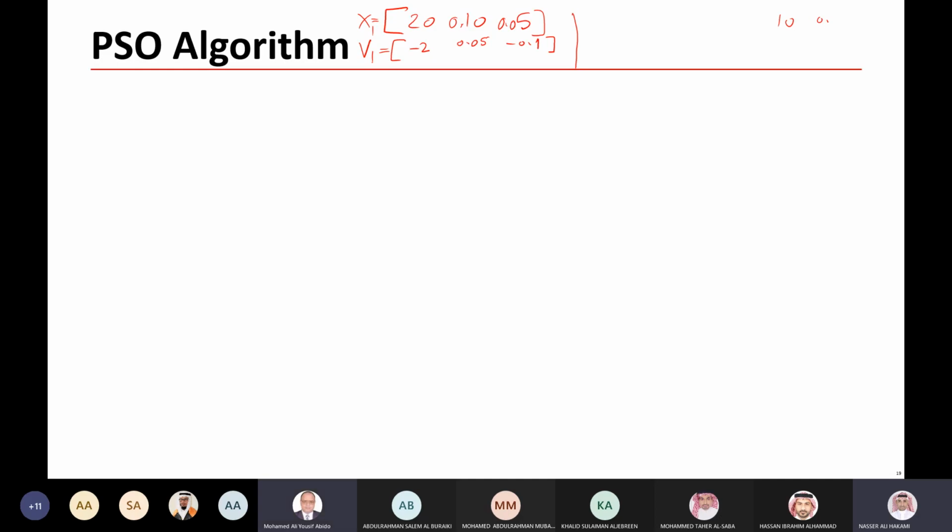No, velocity is updated at each iteration. So I can change 0.5 for just one gene and then increase the others. Yeah, of course. At each iteration, you update the velocity. You have a new velocity at each iteration.